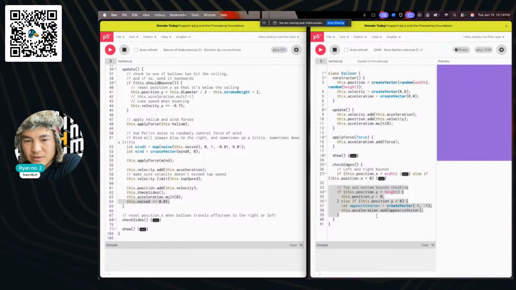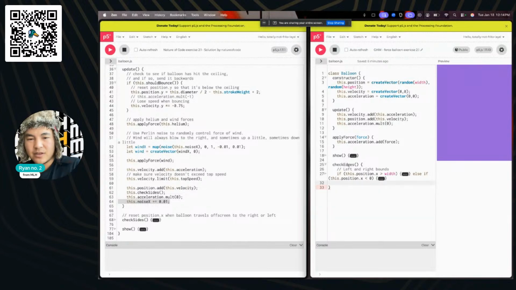So I'm going to go ahead and chop this off. I think what we'll do is we will copy over the naming convention of check sides to extract this out. And then wherever, or I guess we can keep this as check edges for now.